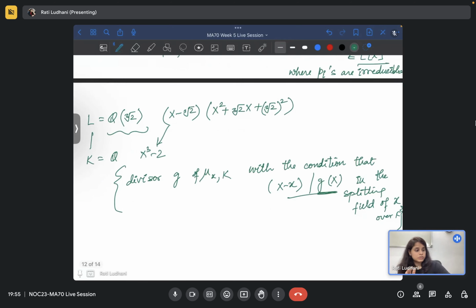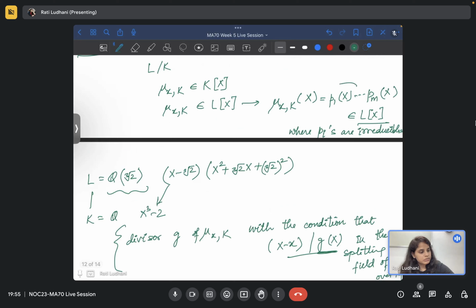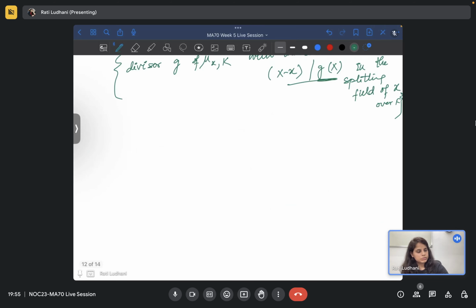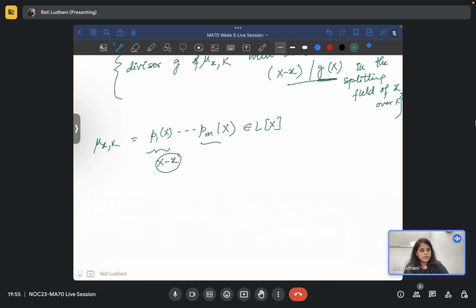So whatever, we can say p1(x) could be your choice for the minimal polynomial, which explains where its coefficients are coming from. So what you can do, you take p1(x). Now the coefficients, yeah, exactly, okay, we can explain like this. So you have p1(x) up to pm(x), and this is exactly mu of alpha comma K in L[x]. Now wherever x minus alpha is appearing, we are interested in that firstly.